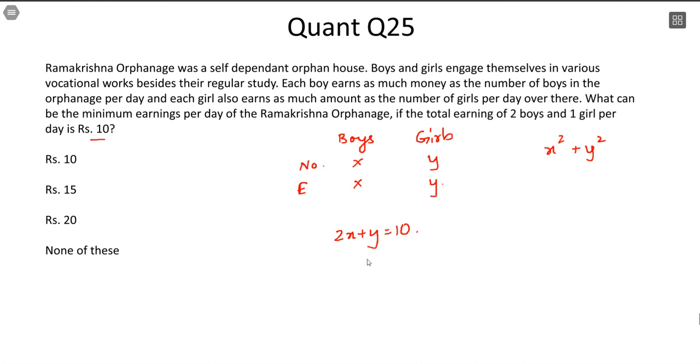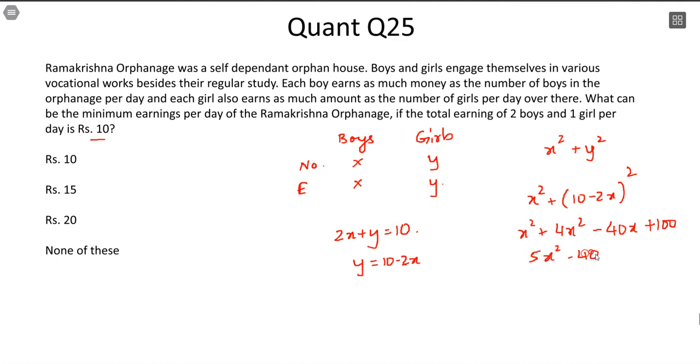The other more technical mathematical way would be y would be 10 minus 2x. You put this here, you get x square plus 10 minus 2x whole square, x square plus 4x square minus 40x plus 100, 5x square minus 40x plus 100.